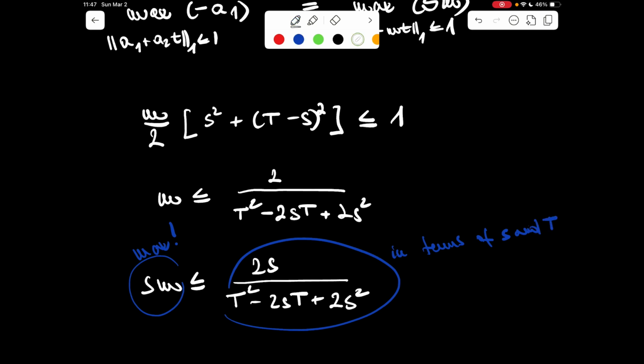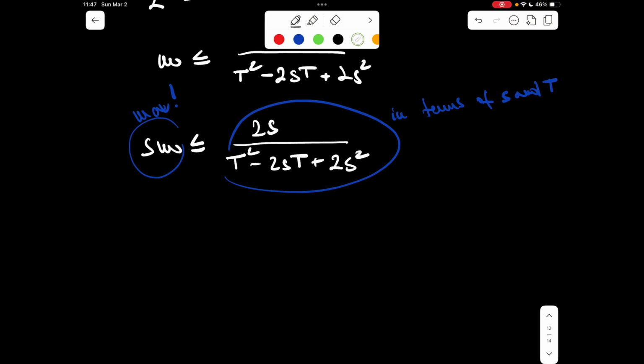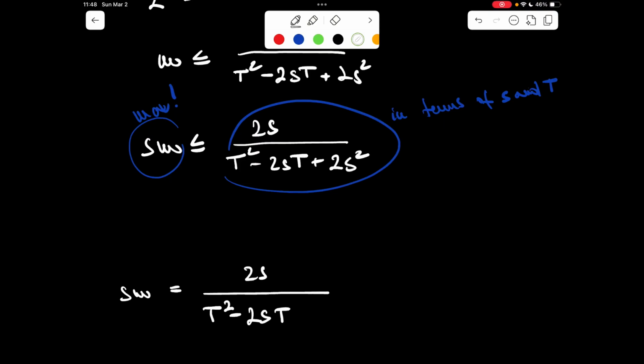And it is easy to realize that its maximum is where the inequality holds with equality. So actually we want to maximize the expression on the left in terms of S and T on the right.